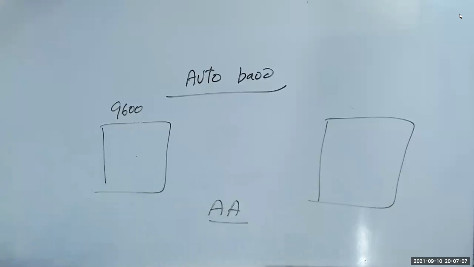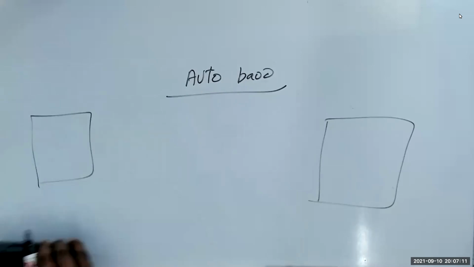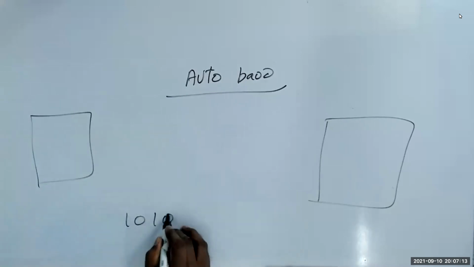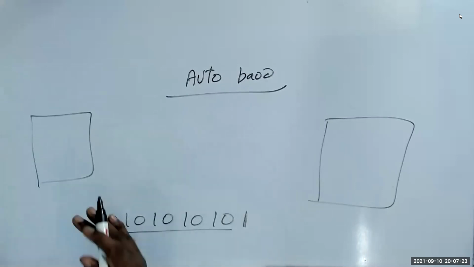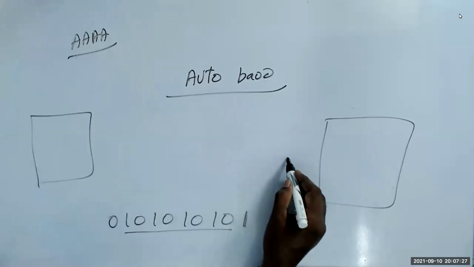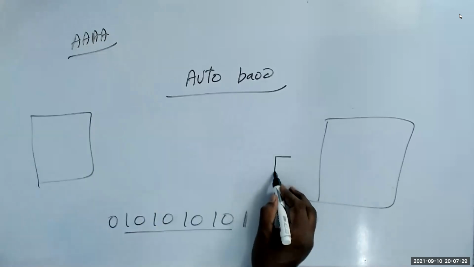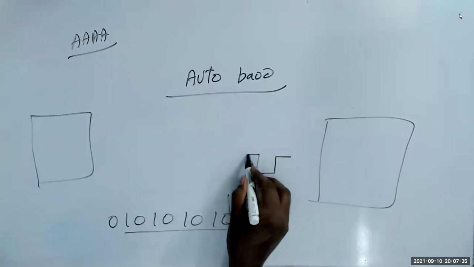Think of it. You are sending an AA. A means 1010, 1010. Am I right? This is what A is. Then you have a start bit, you have a stop bit. I send a few AAs, say 4 AAs. So I'll send the start bit, then the 0 data, then 1.